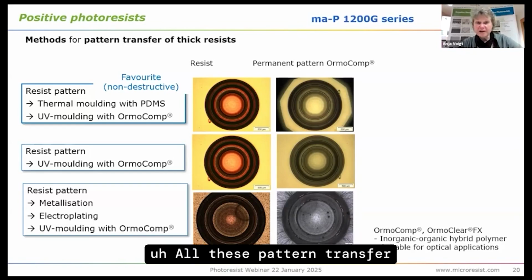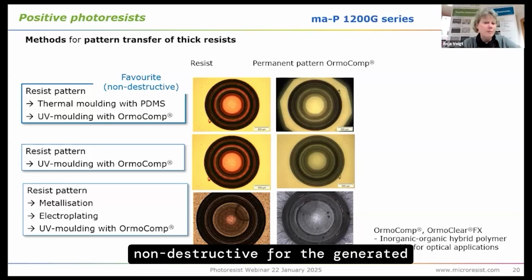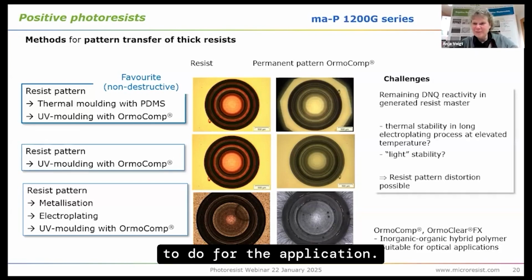All these pattern transfer methods are possible. The first one could be the favorite because it's non-destructive for the generated master. It's up to you what you want to do for the application.